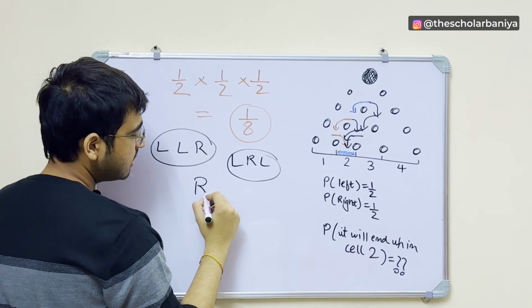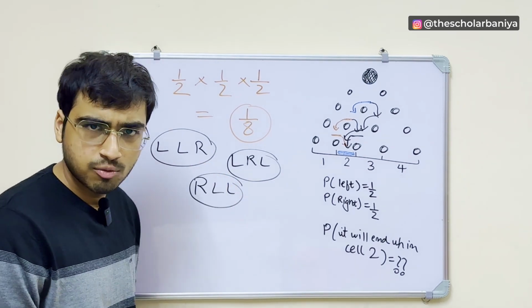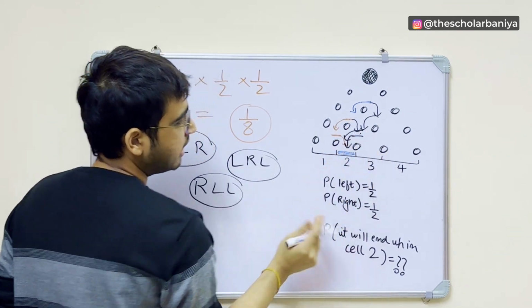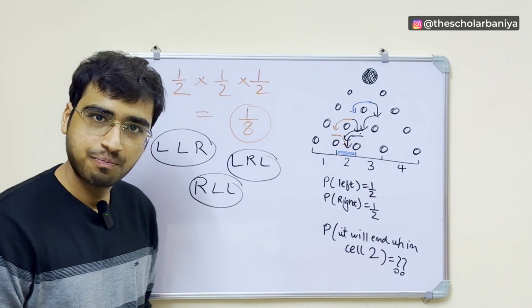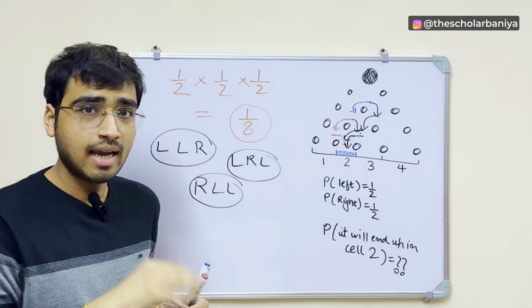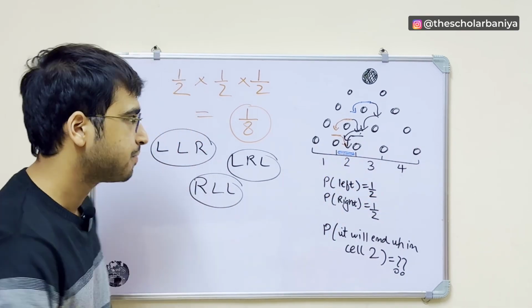So if I take the case right, left, left, this is also possible. It goes on the right, it goes on the left, it again goes on the left, it will again land up in 2, right? So these are the 3 possible cases that can happen if the ball wants to land in cell 2, right?